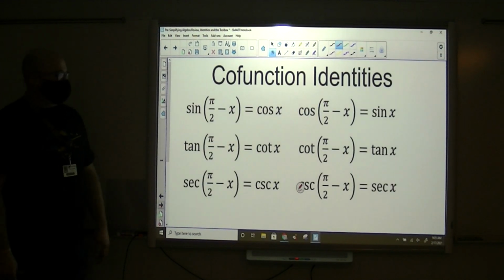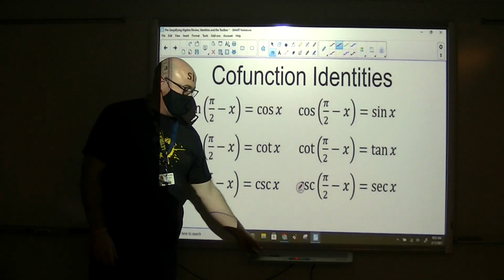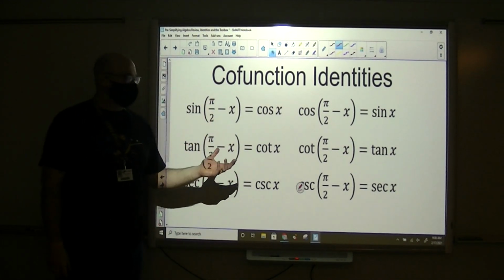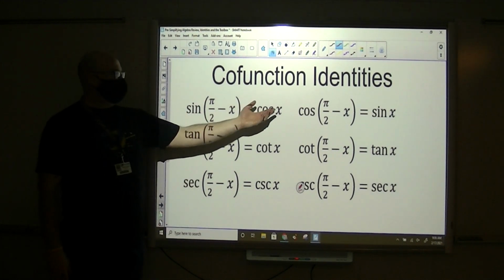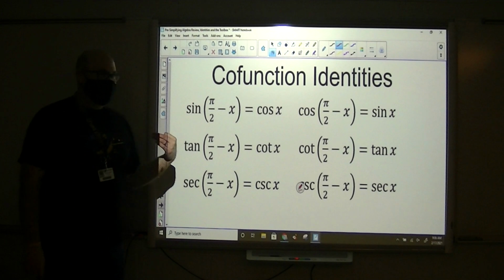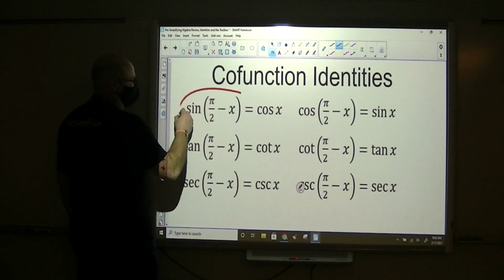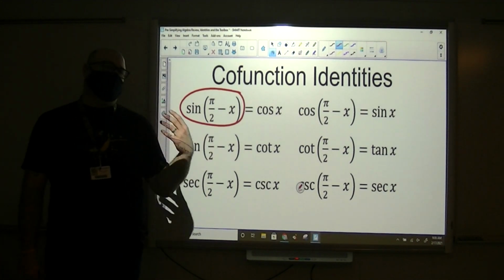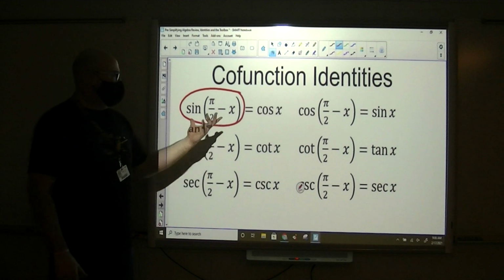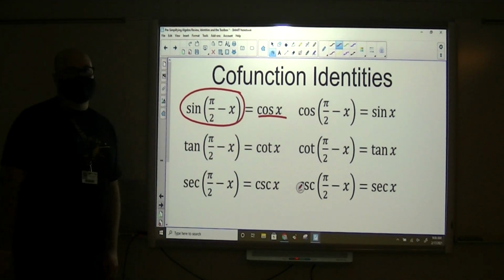The other identities that are important, again, I would encourage you to pause this. I'm just going to talk real briefly about the cofunction identities. We've talked about these before, okay? And again, these are substitutions that we can make where if we see this in one of these simplification or verification problems that we're about to start, we can substitute in cosine x.